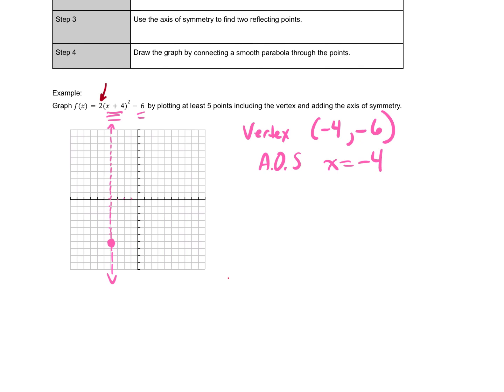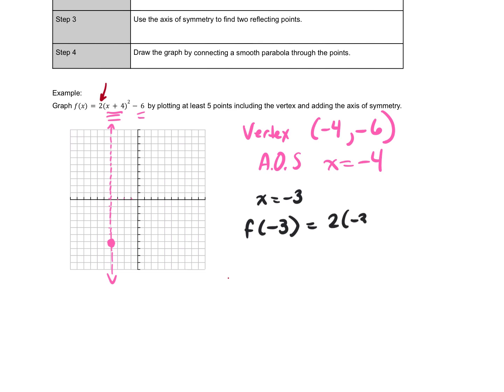Now, because my vertex is (negative 4, negative 6), I want to pick a couple values that are bigger than negative 4 for the x. So maybe I pick some easy x, maybe an x of negative 3. Then I could just put in negative 3 for all the x's: f of negative 3.